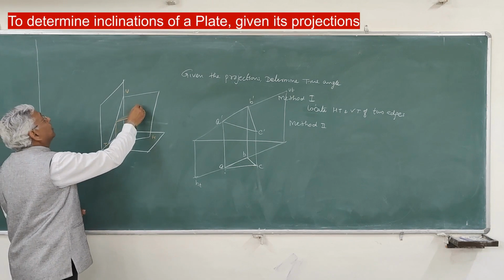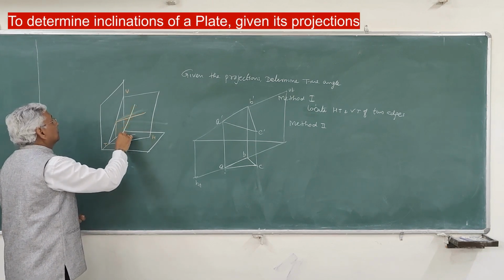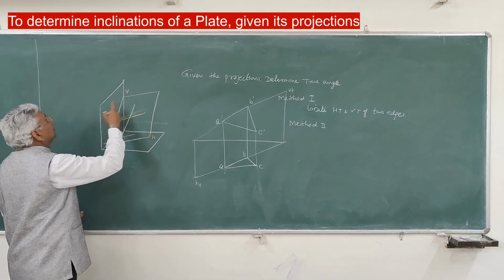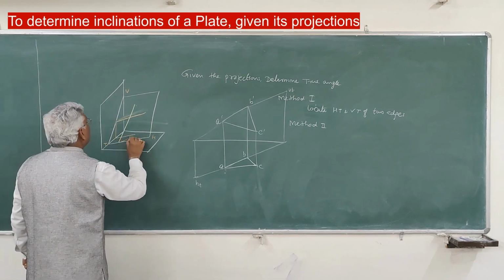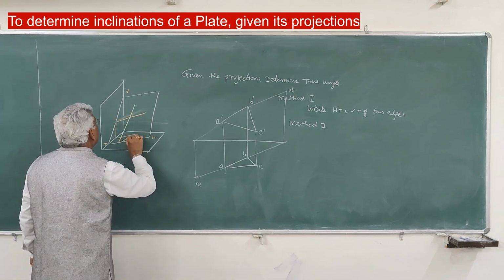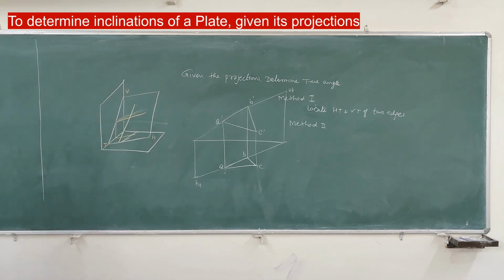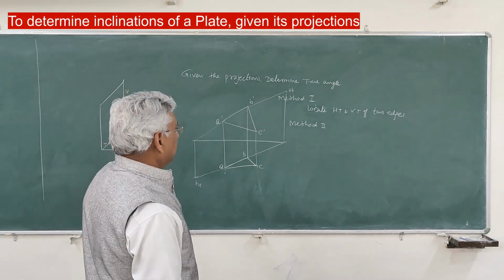Similarly, if you draw a line parallel to the vertical plane, this is called the V parallel, and here the plan will be parallel to the ground line, and the elevation will be parallel to the vertical trace. These are called H parallel and V parallel of the oblique plane.